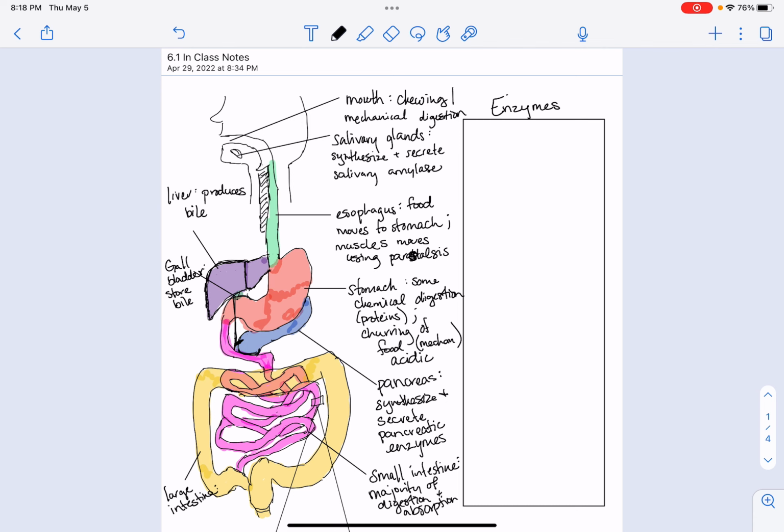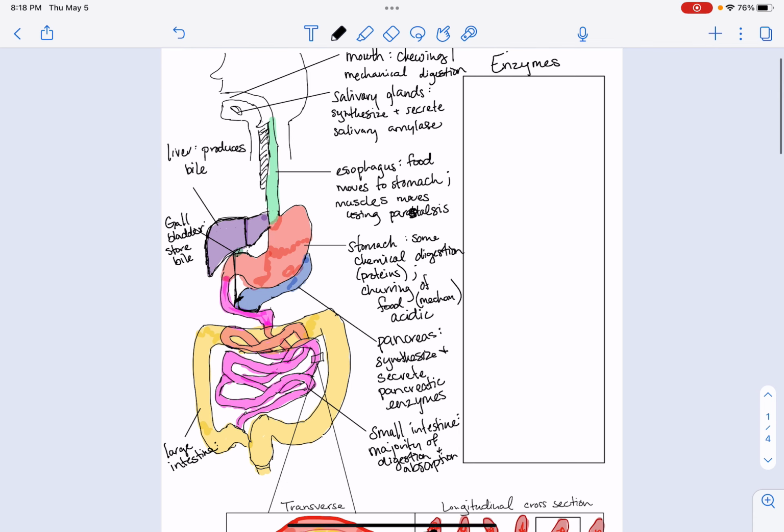So, absorbing water, stool produced. And then we have the rectum, which is right here. The rectum is eventually going to release stool.